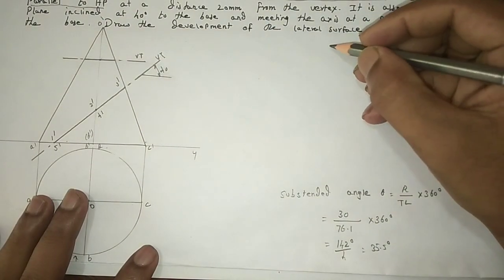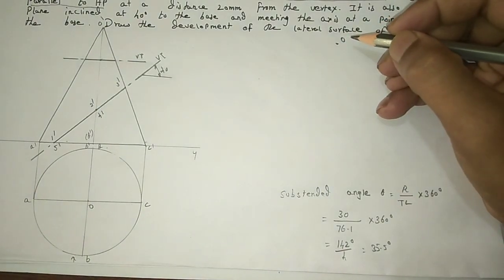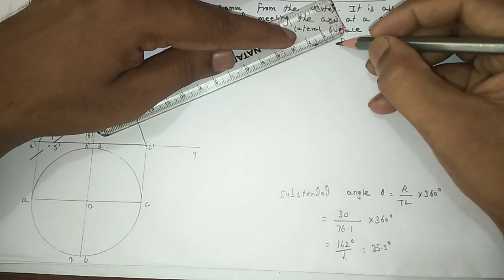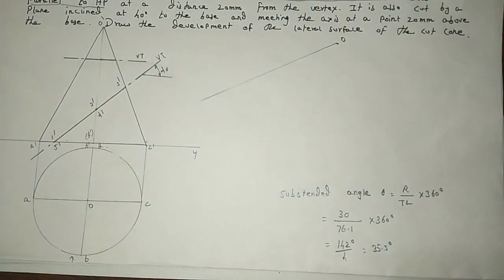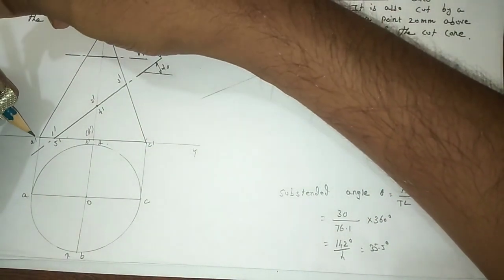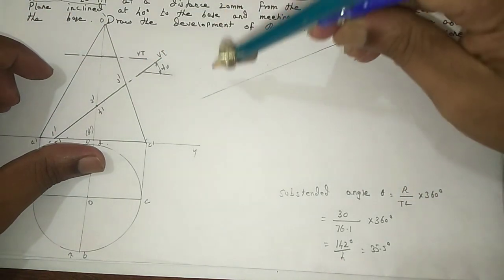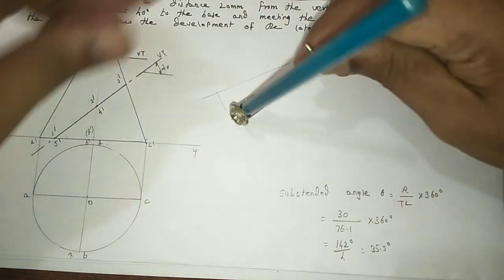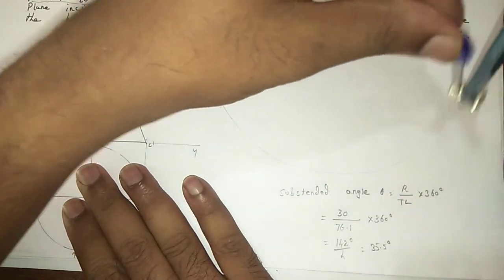First mark one point. This point is O, and now we draw one line to some distance, and next measure the true length value. The true length value is 76.1. We simply measure it in this diagram, place the compass here, and trace one curve.